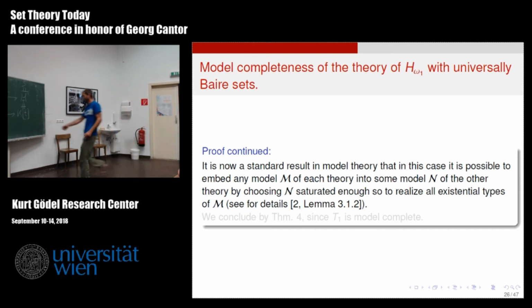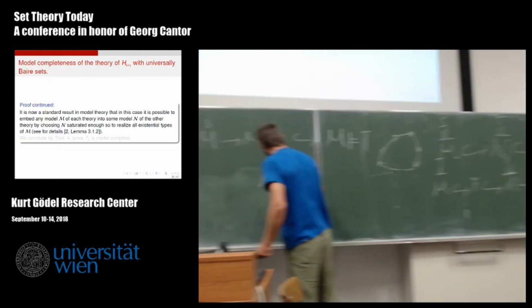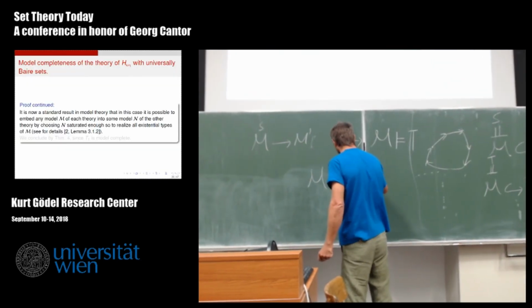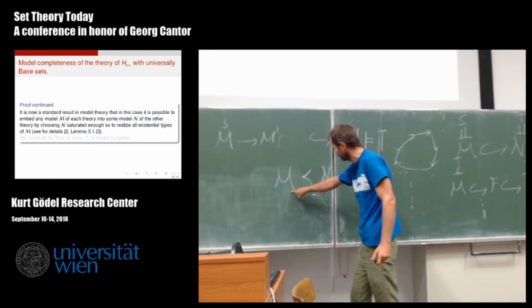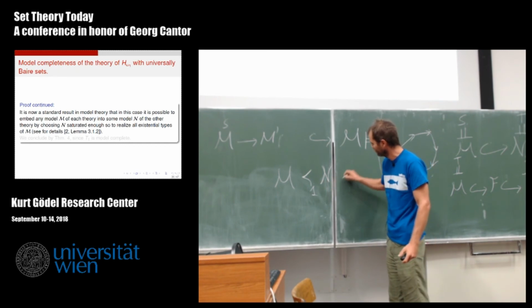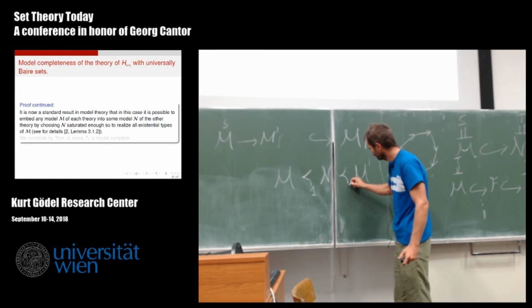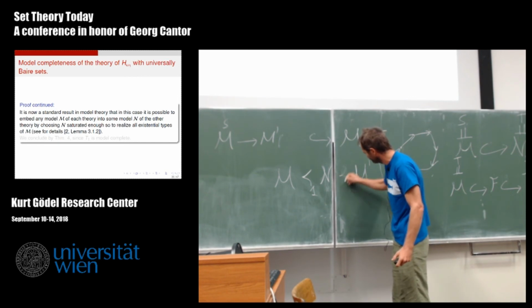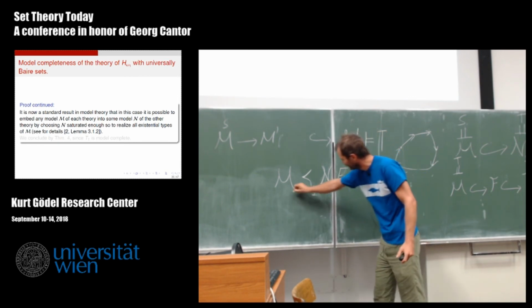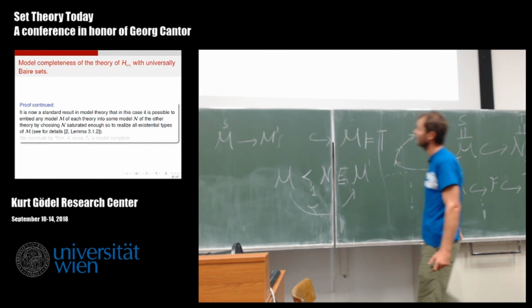This is called resurrection. If they satisfy the same pi1 sentences, it means that M is sigma 1 elementary in N. Then in this situation you can extend N to M prime. Sorry, here it's just a substructure, so that here you have full elementarity.